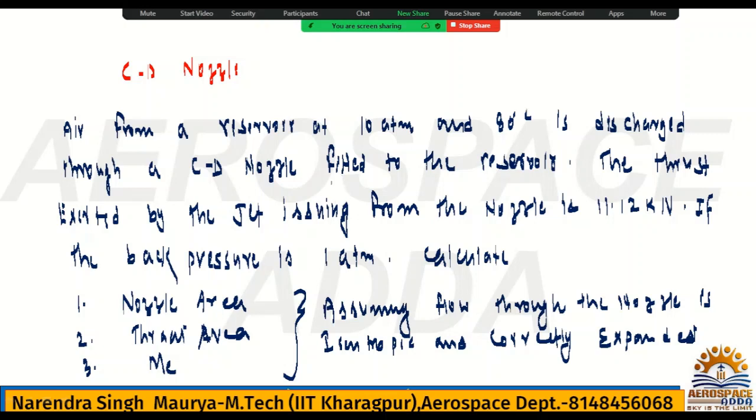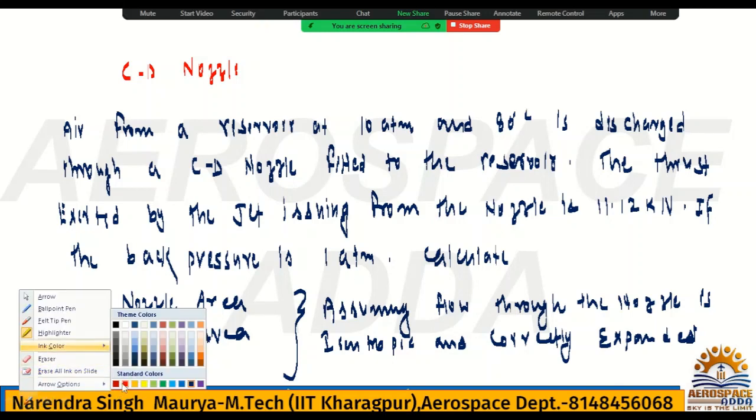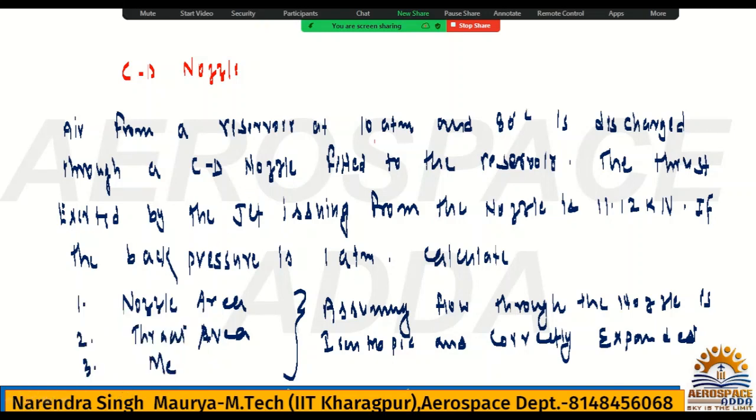Now we'll mark all the important values here. See what they have given to us. They have given the reservoir, so all the values here are total values. This is 10 atm, the pressure P naught.